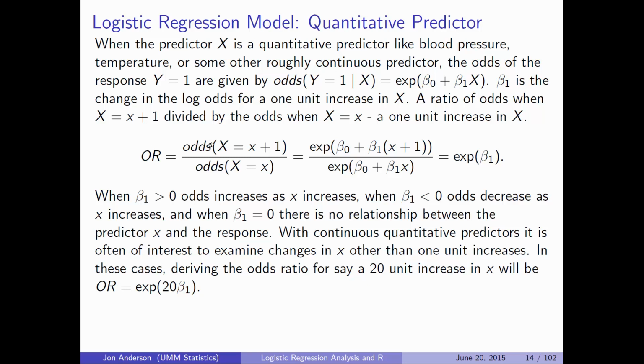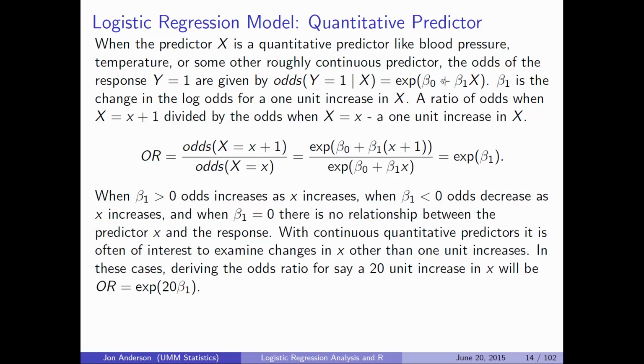So notice what we've done here in this overhead, overhead 14. We've presented the odds of the event happening at level x plus 1 of the predictor divided by the odds of the event happening at level x, just 1 unit lower. The numerator is 1 unit higher compared to whatever is in the denominator.